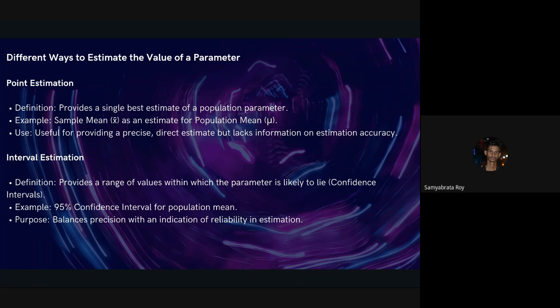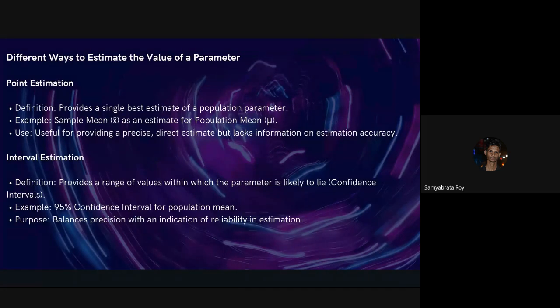But in the interval estimation scenario, two factors come into the picture. First, we are going forward with a range, which is a little lenient over the restrictions, instead of giving a single best value. And secondly, we are taking a confidence over the interval, so it's not necessary that I have 100% confidence.